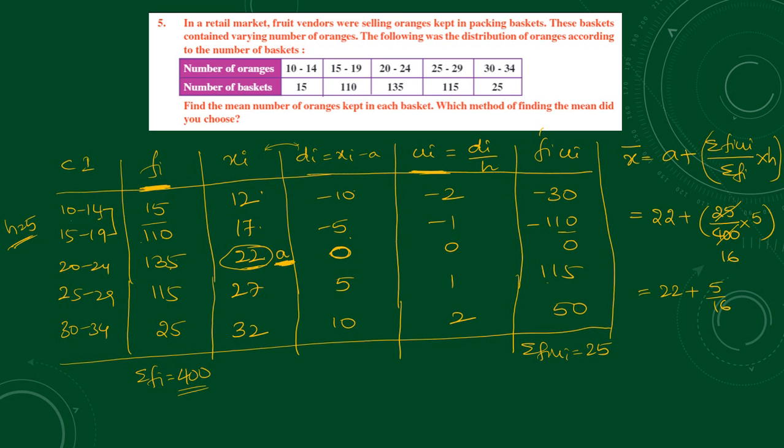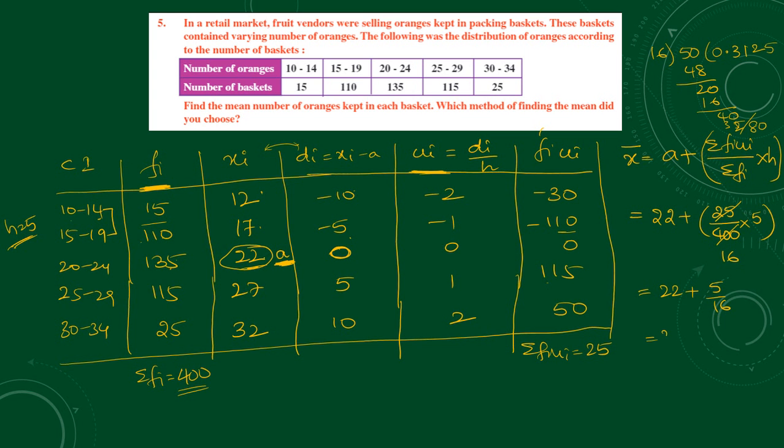So 5 by 16 means how much? Divide it. 16 into 50 gives 3 times 48, so this gives me 20. 16 ones are 16, again we get 4, so 40. 16 2s are 32, then I get 80. 16 5s are 80.